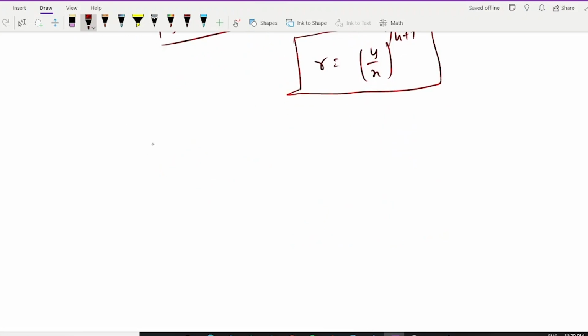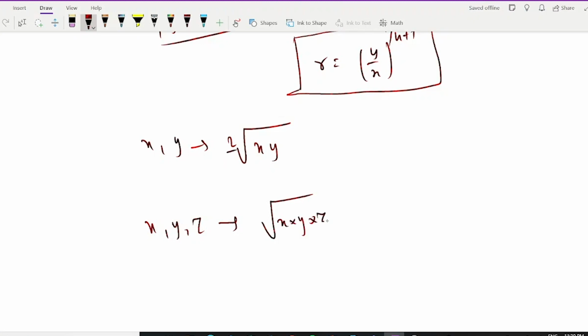Again, let's say you are given two numbers x and y. So the geometric mean for these two numbers will be under root xy, and we will take a square root. If you are given three numbers x, y and z, the geometric mean will be equals to x into y into z and cubic root.